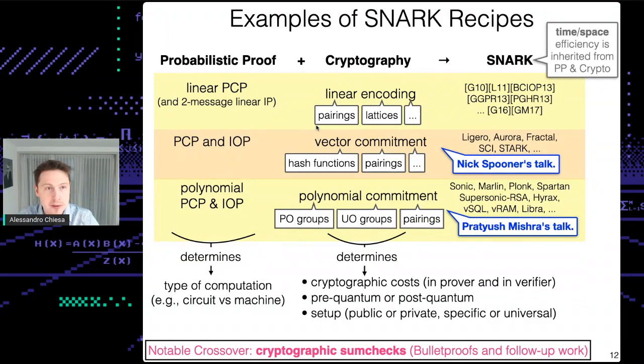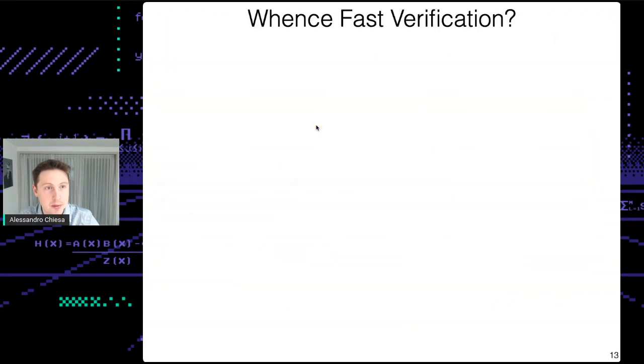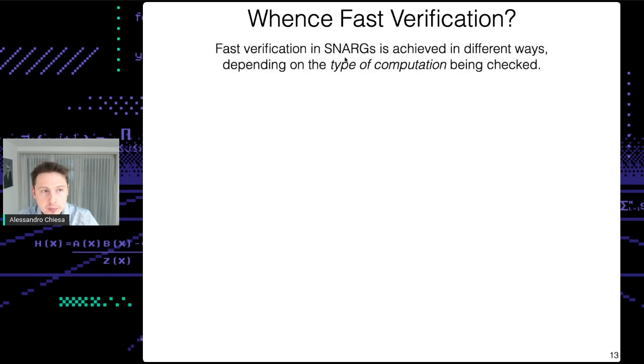All right, I just have a couple more minutes that I would like to use to conclude. So in SNARKs, not only are we interested in small proofs, but sometimes we're interested in fast verification. And how fast verification is achieved in a SNARK depends on the type of computation that you're checking.